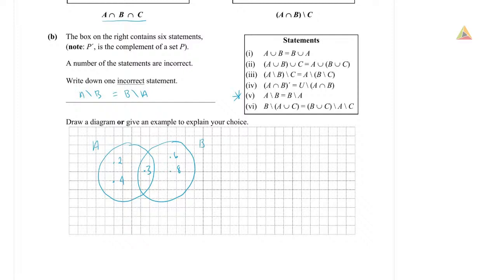So if I was to write down A without B, A without B would be this area here. So they would be the numbers 2 and 4. Now if I was to do the same for B without A, it would be this bit here, which are the numbers 6 and 8.